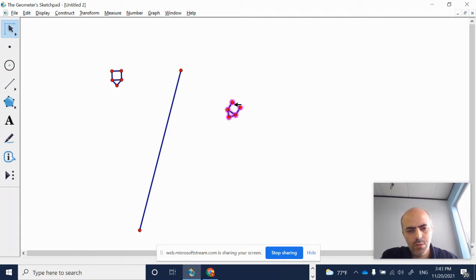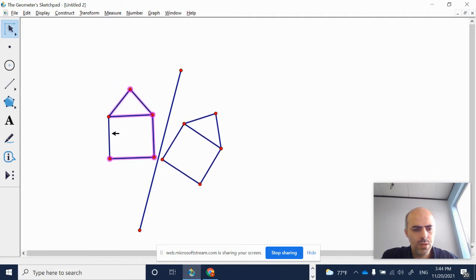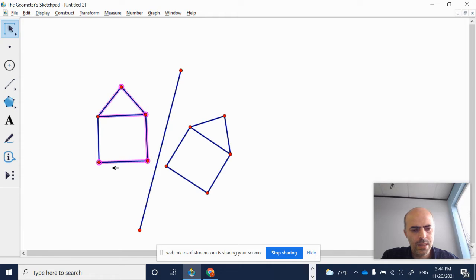Even if I try to change it to a different direction, no matter whether I am playing with the pre-image or my own image, it doesn't make any difference. The shape is not changing, angles are not changing, the lengths of the line segments are not changing. So this is one of them.